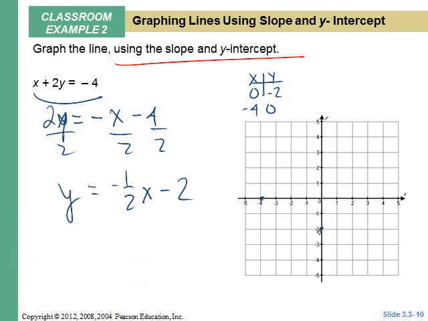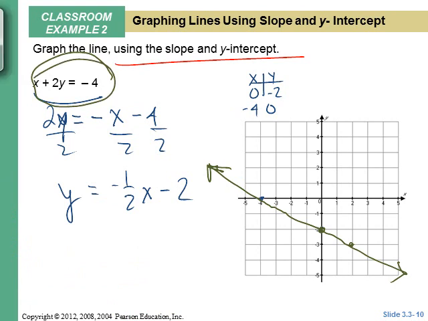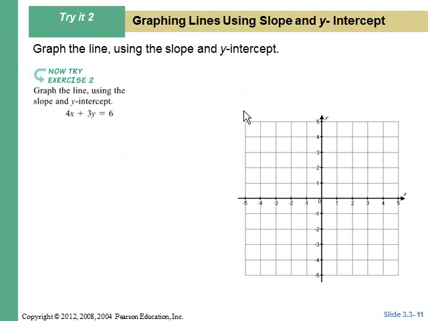Intercept is negative 2, and from there go down 1, forward 2, and if you notice, you get that exact same line that we would have done given the other direction. Now, I personally, when I see an equation and I know how to graph it, I would use that form. But since they want us to switch it into the slope and y-intercept form, whatever, we'll do it. Okay, you graph this one.